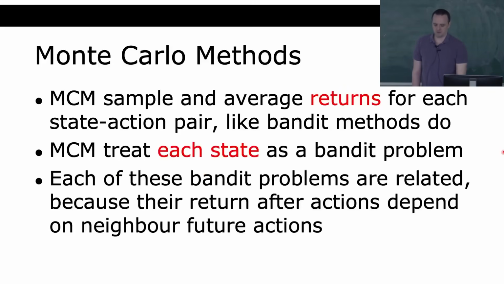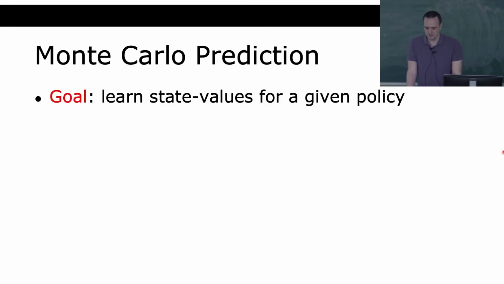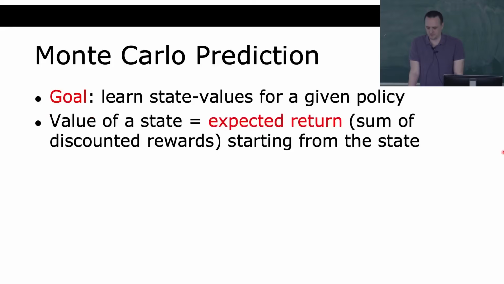And each of these bandit problems are related because their return after actions depends on neighbors' future actions as well. So this was what we talked about in dynamic programming, how our values are related to our neighboring values. So Monte Carlo prediction, meaning trying to guess the value of a state. Our goal is to learn the state values or the action values for given states for a policy that we have.